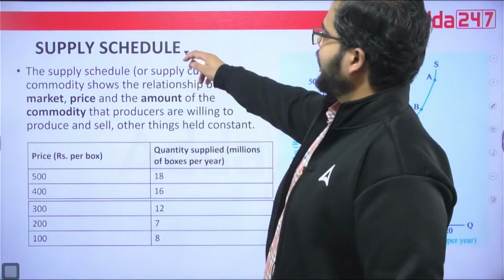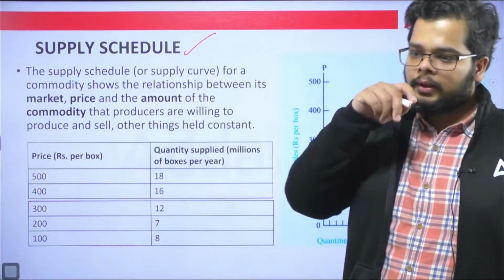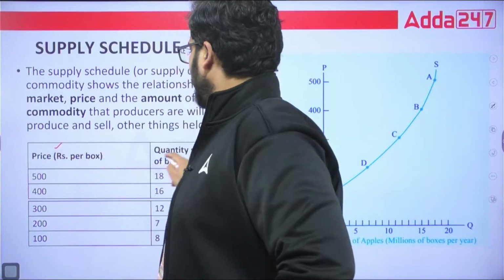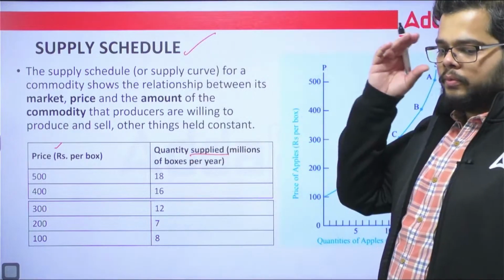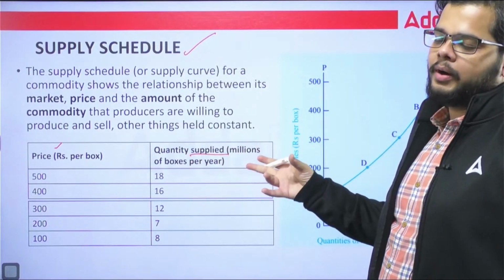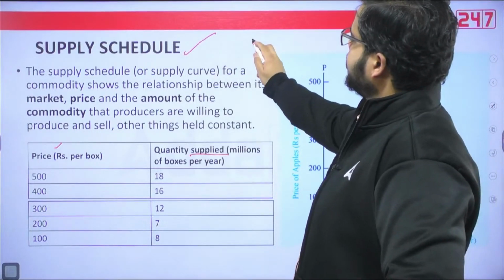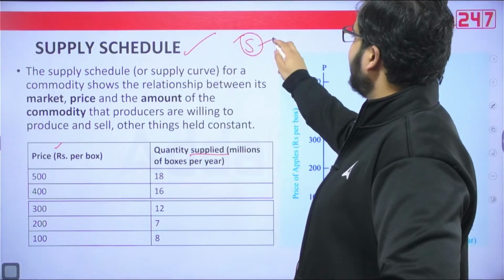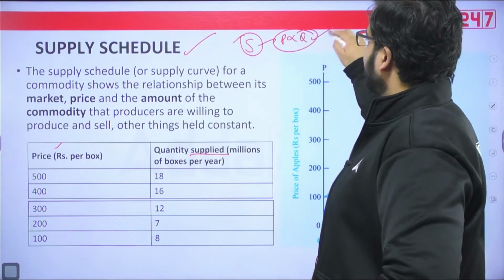Now what is the supply schedule? As we saw the demand schedule, there is a supply schedule also. It measures price against the quantity supplied. In the demand schedule it was measuring the quantity demanded. Now, as you know, in case of supply, price and quantity have a direct relationship.